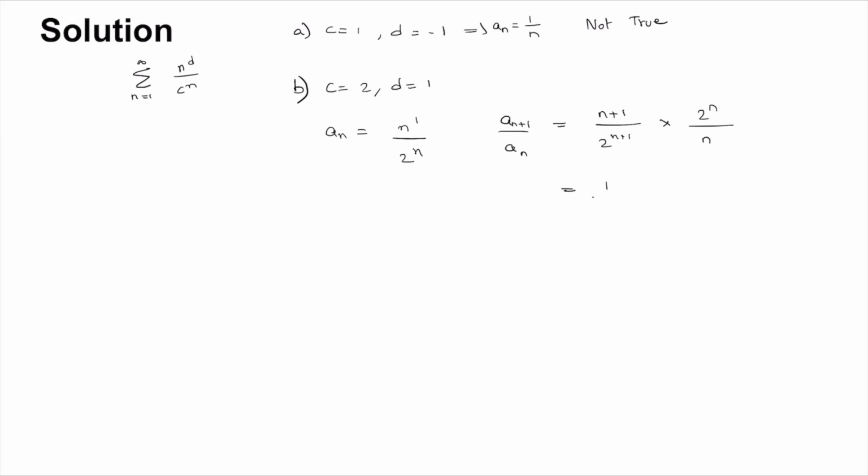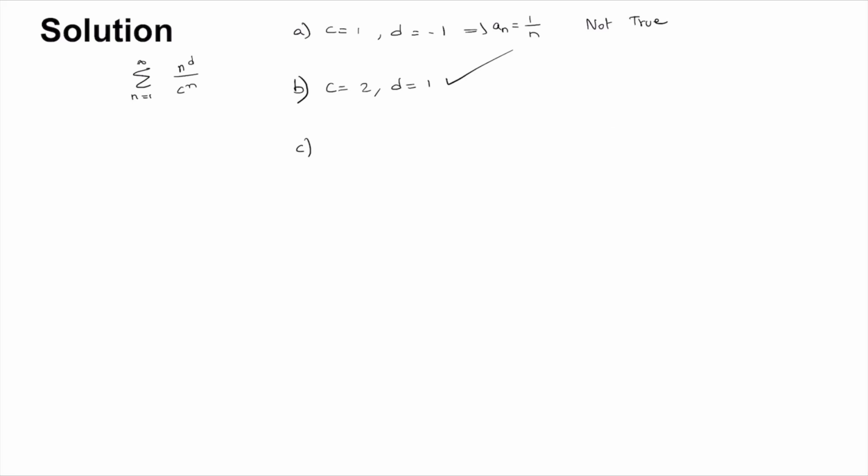This is half into 1 plus 1 over n. Now the limit as n tends to infinity for this will give you half, which is less than 1. So B converges.